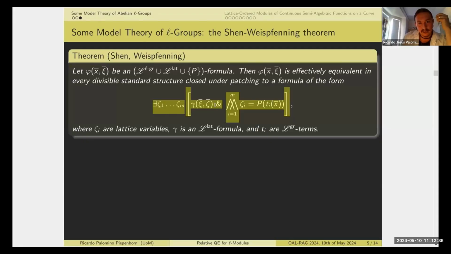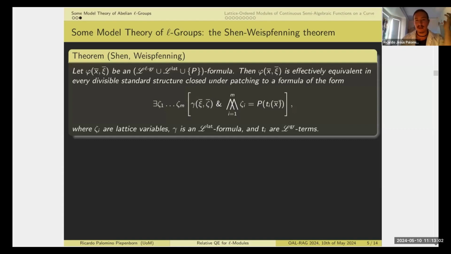And properties of this form are essentially properties about the lattice of zero sets. So morally, what this statement is saying is that if you have any lattice ordered abelian group which is divisible and which is closed under patching, then every property of such a group can be translated into a property of its lattice of zero sets in an effective way.